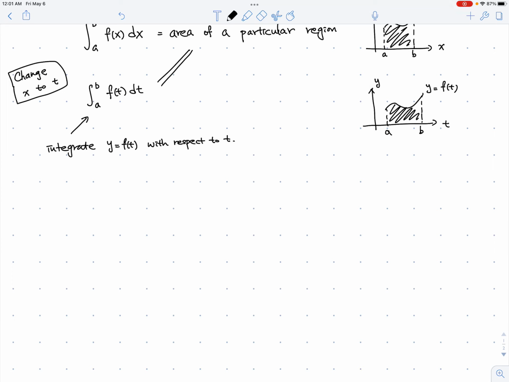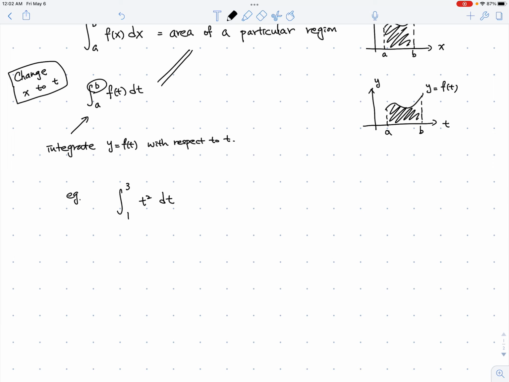Now if I make the upper bound b a variable, meaning it's not a fixed constant, I can have, for example, t squared dt.